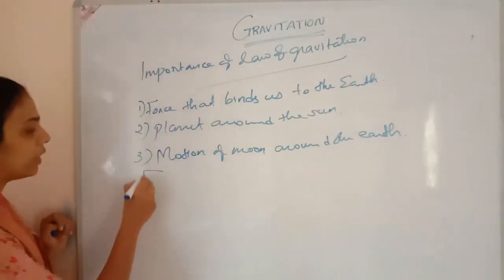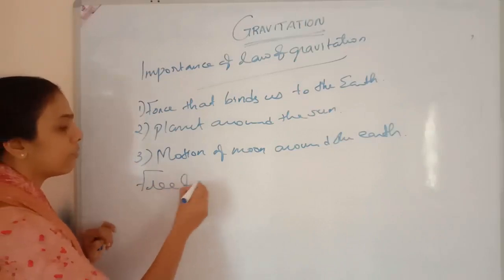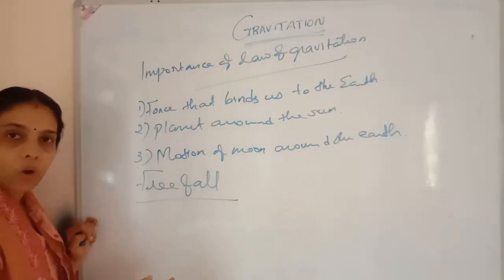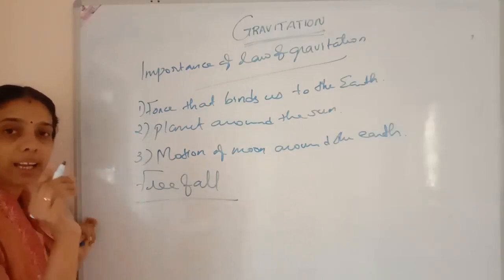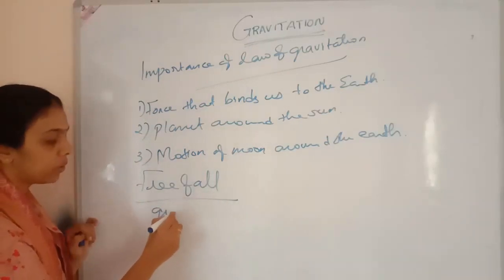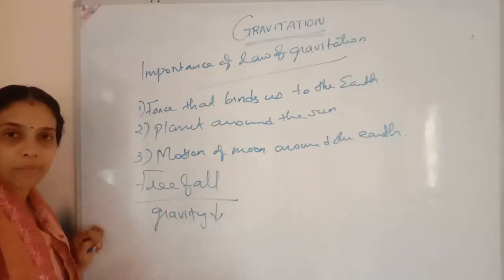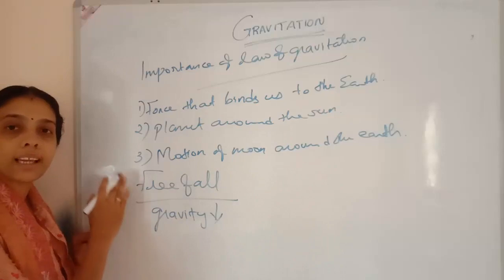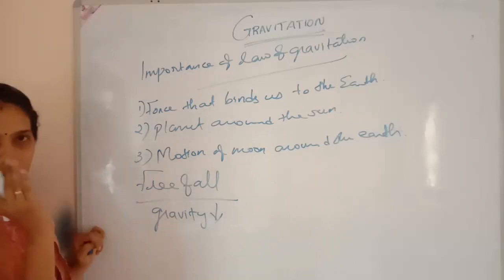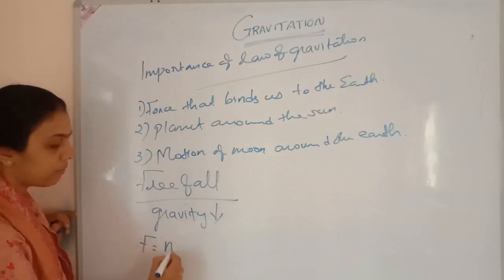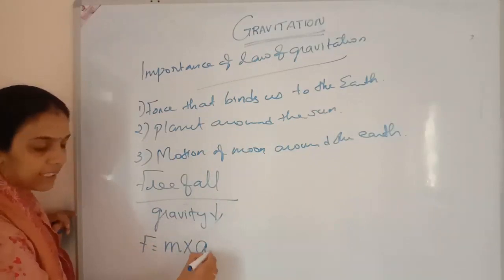Next is free fall. What is meant by free fall? If an object is falling down only with the help of gravity, then we can say it is under free fall. The force acting on this object will be F equals mass into acceleration.